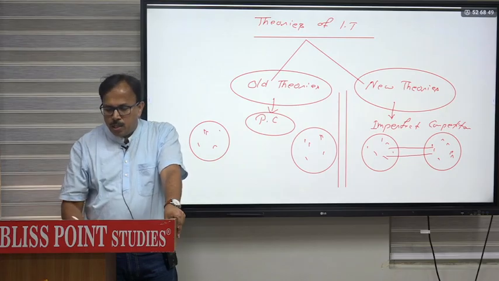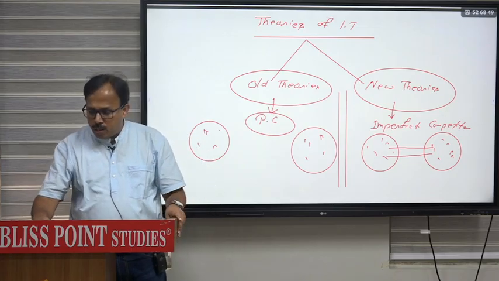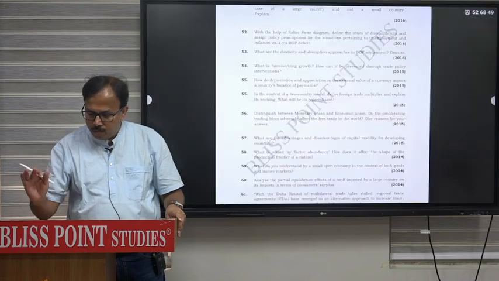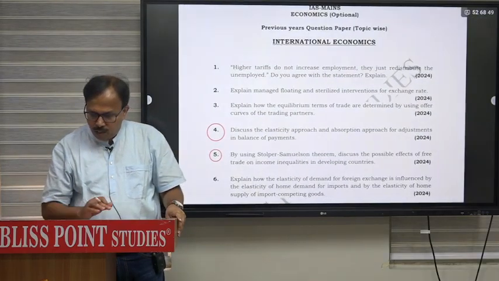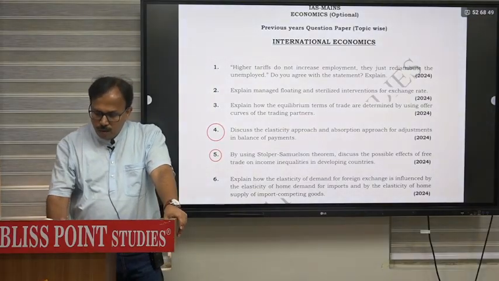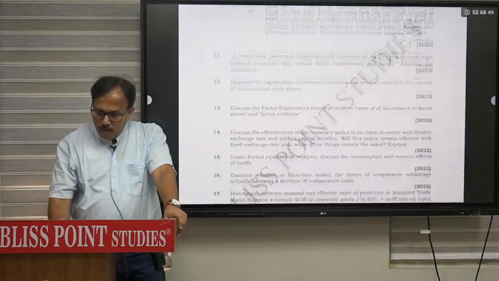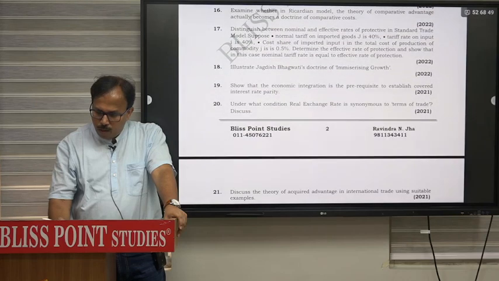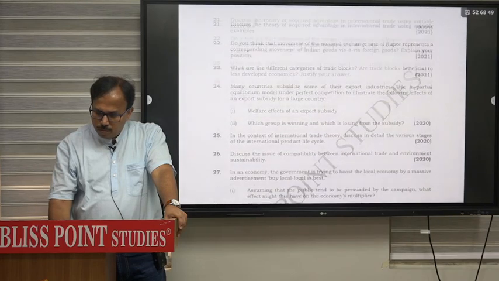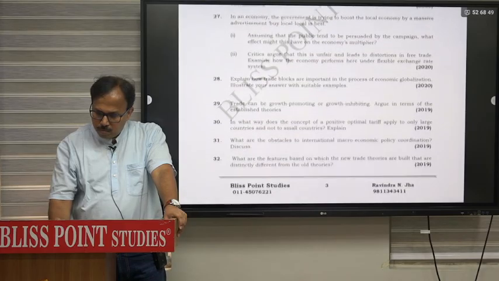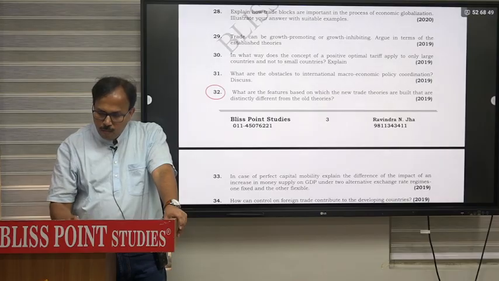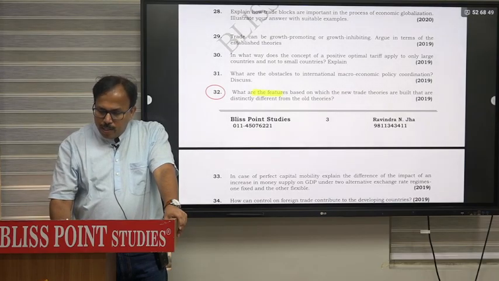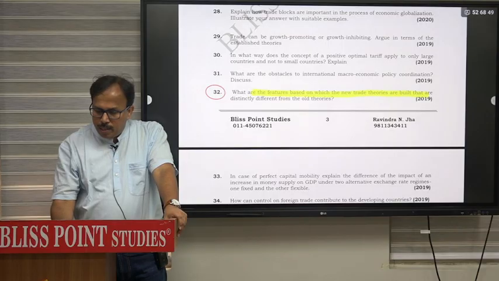So just keep the difference between old theories and new theories in mind, because some questions are specifically on this. You can find topic-wise questions on the portal. In the initial part, one question was: What are the features based upon which new trade theories are built that are distinctly different from old theories?